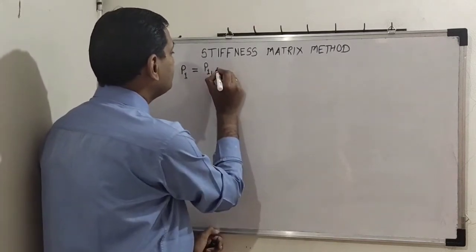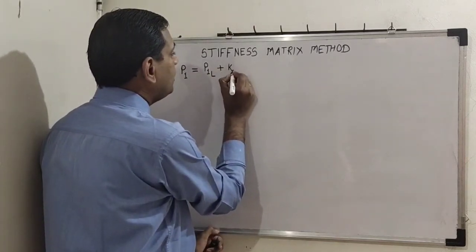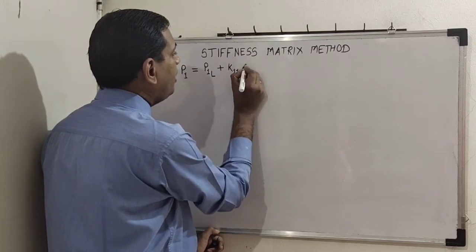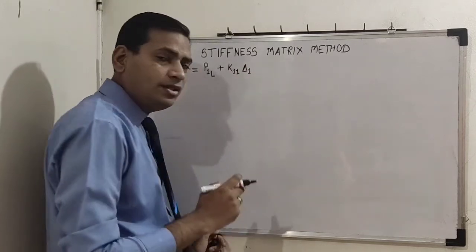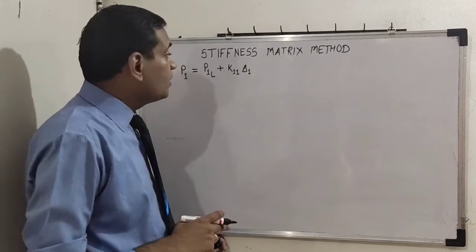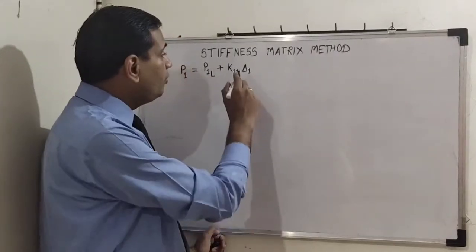plus K11 delta 1. What is K11? K11 is stiffness matrix of the member into delta 1.